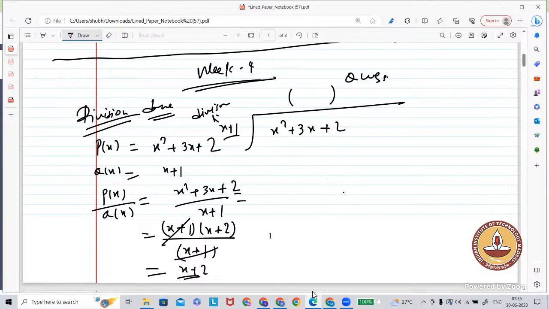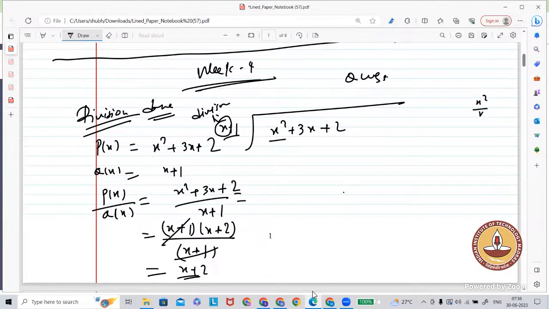Once we take the divisor here, we take the highest degree term in the polynomial and the highest degree term of the divisor, and divide them.